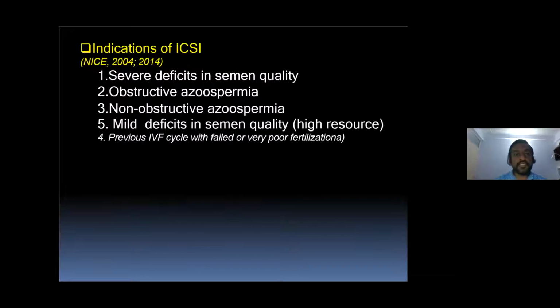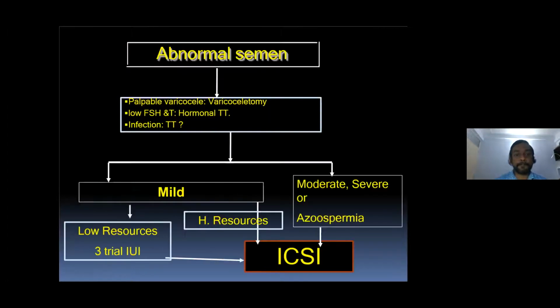And these are the indications for ICSI: severe deficits in semen quality, obstructive azoospermia in certain cases where the facilities warrant, and non-obstructive azoospermia also, there is a place for ICSI. And this is usually the pathway that they follow in developed countries when there are abnormal seminal fluid analysis results.